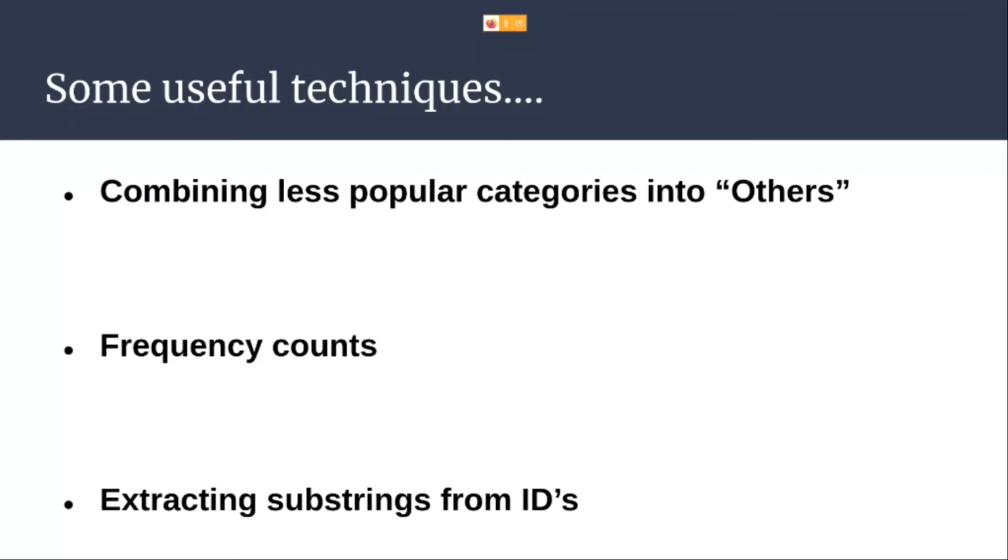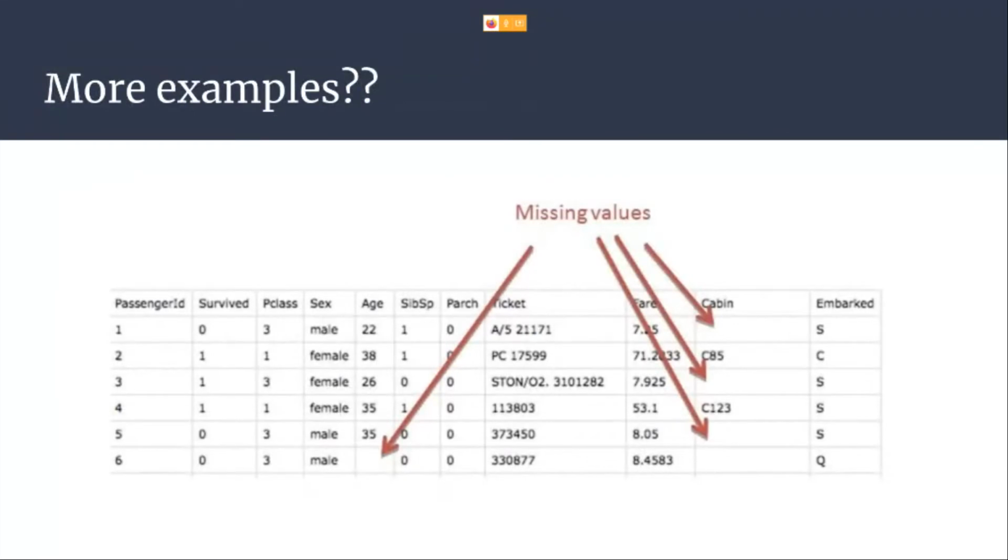And the third technique I'm talking about is extracting substrings from IDs. If I consider this database, we see that we have a column called cabin, the second last one. There we have some string, some categorical data which is not that useful, but maybe the first letter C can indicate which type of cabin the passenger is in.